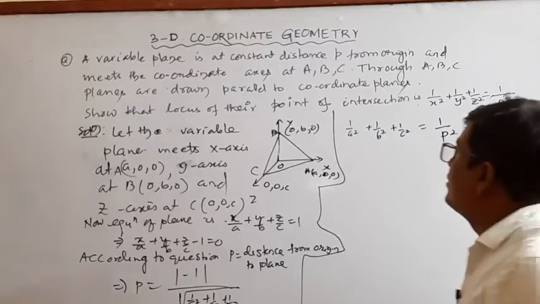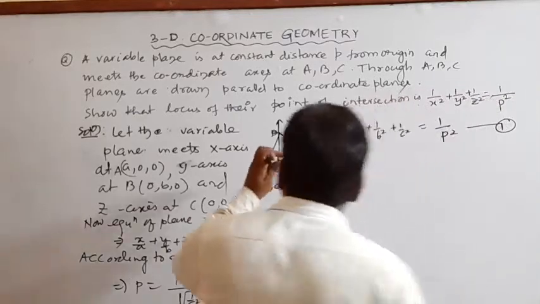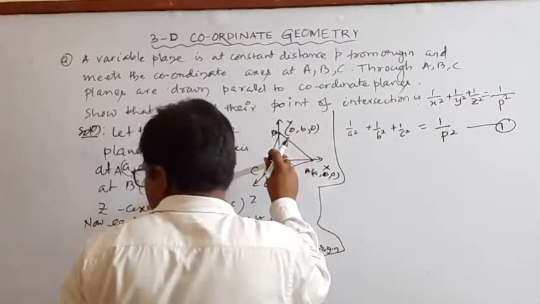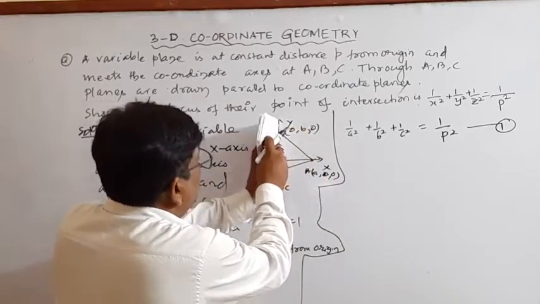Now the planes are parallel to the coordinate planes. This is the x axis, this is the y axis, and this plane is the yz plane.